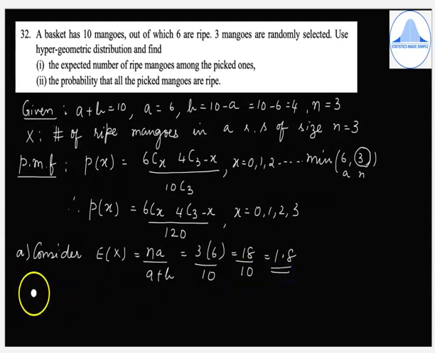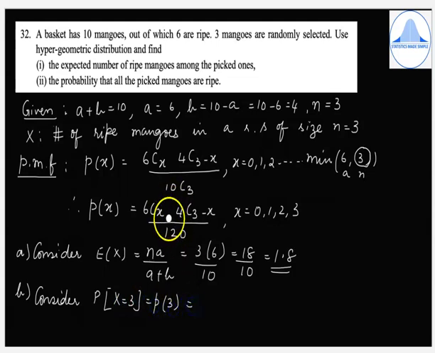Now similarly, the next subdivision, we have to find the probability that all the picked mangoes are ripe. So how many mangoes did we pick? We picked 3 mangoes and all of them should be ripe, means we have to find out probability of capital X equal to 3, which is equal to P of 3. Now in the PMF, wherever you have X, replace it by 3. So 6C3, 4C3 minus 3 divided by 120.